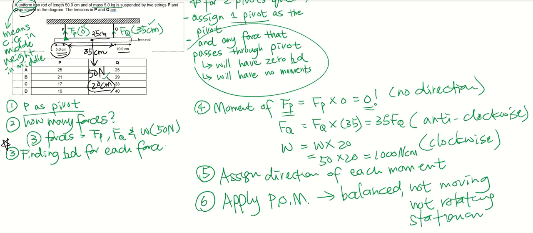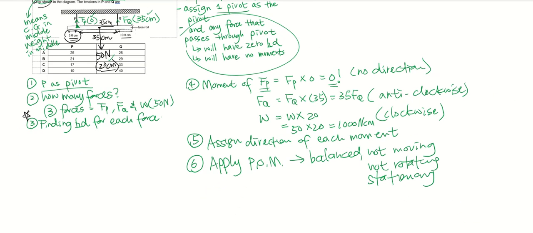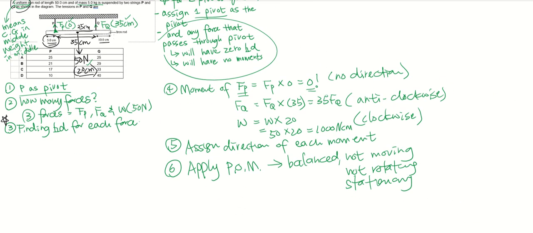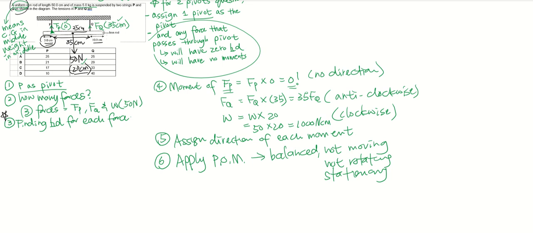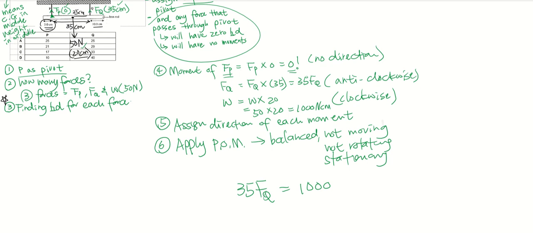Okay, so principle of moment states that at a pivot, we chose P as a pivot, the sum of clockwise moment about pivot P is equal to sum of anti-clockwise moment about pivot P. So you use the same pivot of P. So therefore I will have 35 Fq equals 1000.